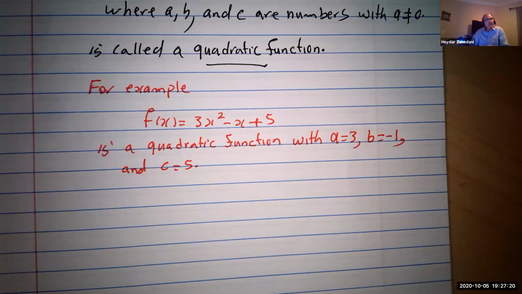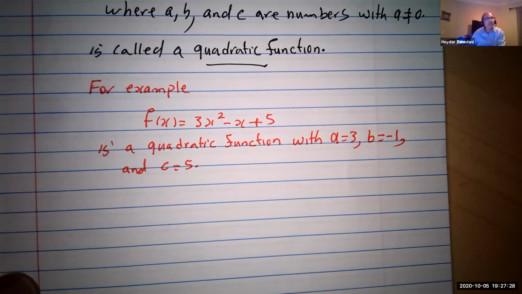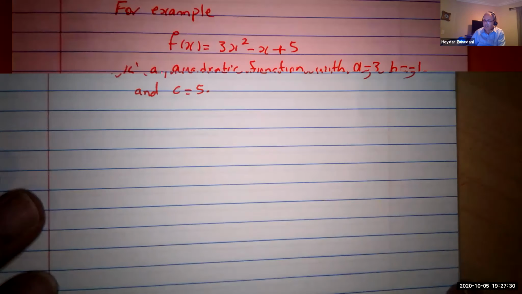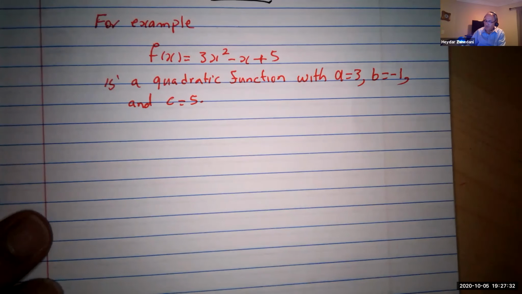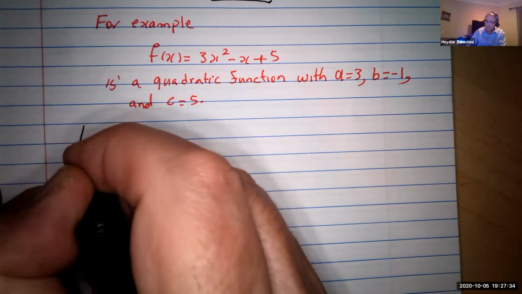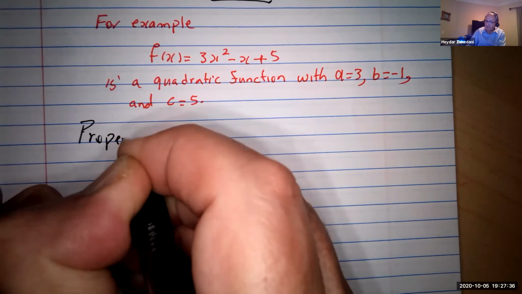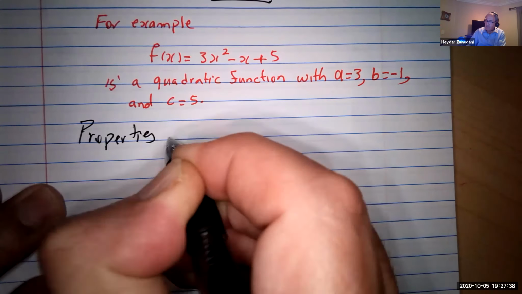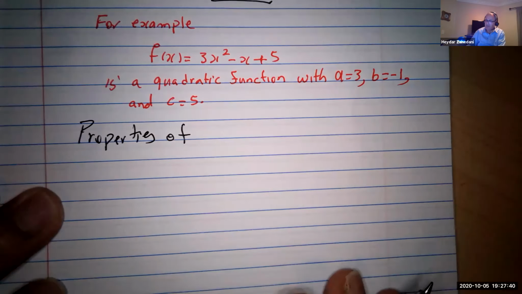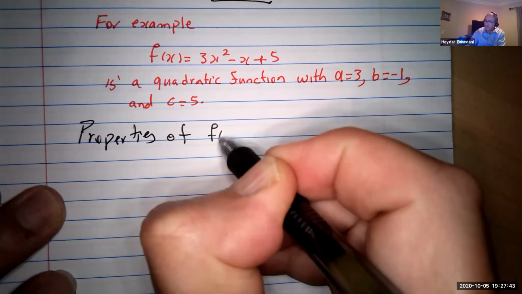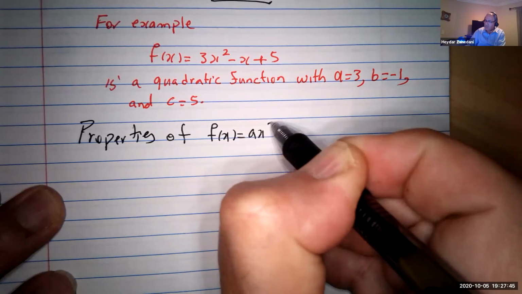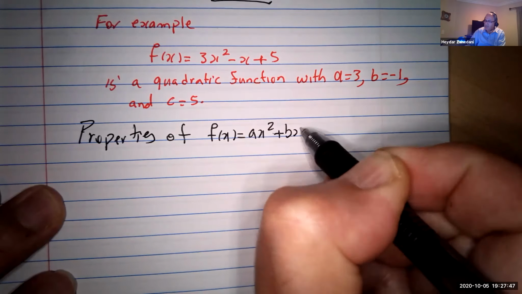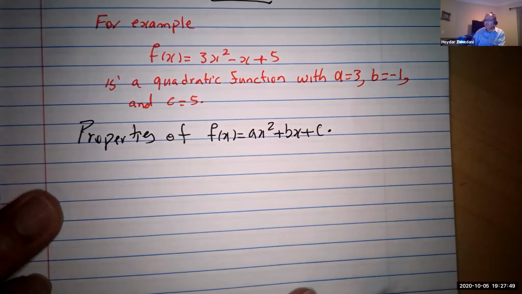Okay, so it's a quadratic function, but at the same time, it's a polynomial of a second degree. So let's list the properties first. Then we are going to give you problems. What is properties? Properties of this quadratic function. I'm going to call it f of x equal to ax squared plus bx plus c.